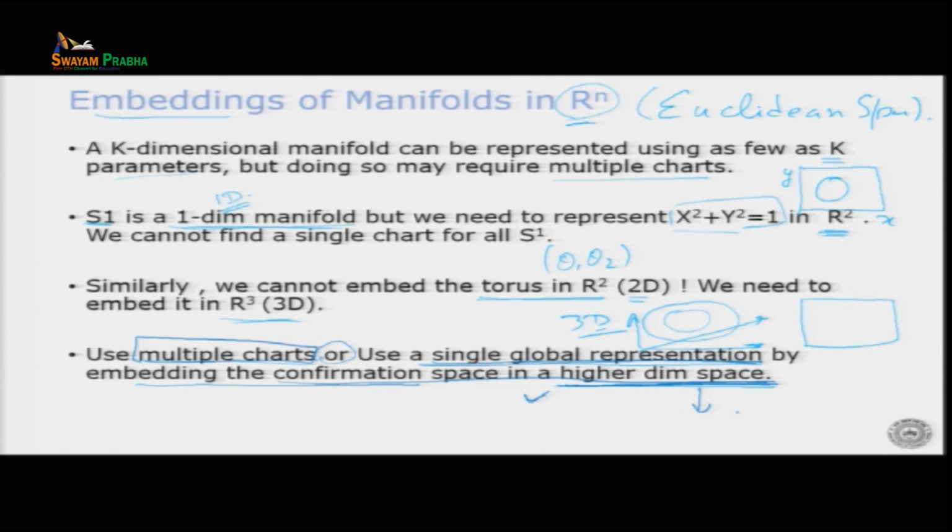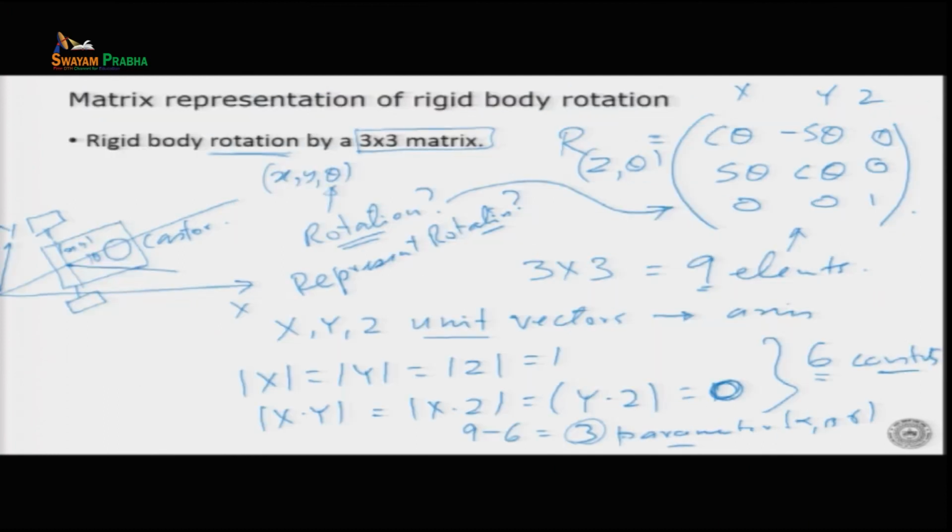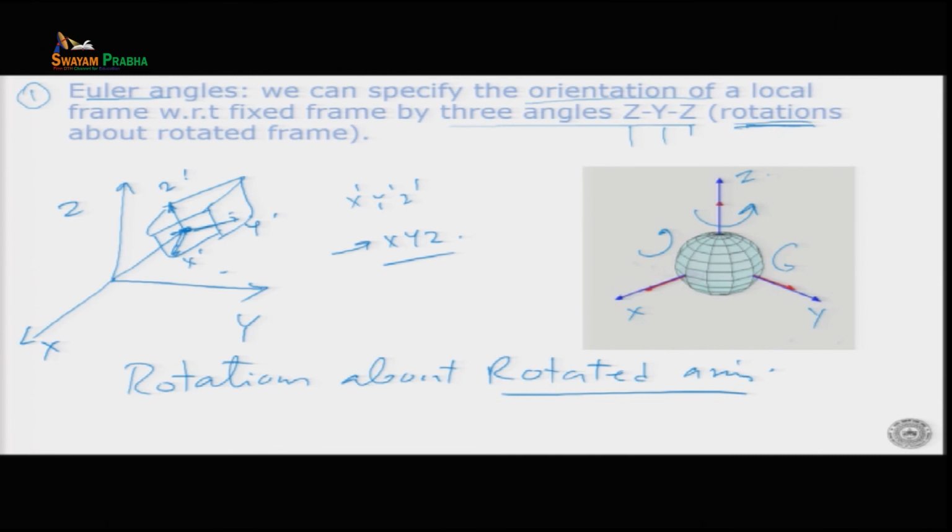So, my higher dimensional space is the 3 by 3 rotation matrix or the 4D homogeneous matrix here. That is how we represent rotations and translations in higher dimensions. So, this gives us the basic understanding of how we represent rotations and translations.